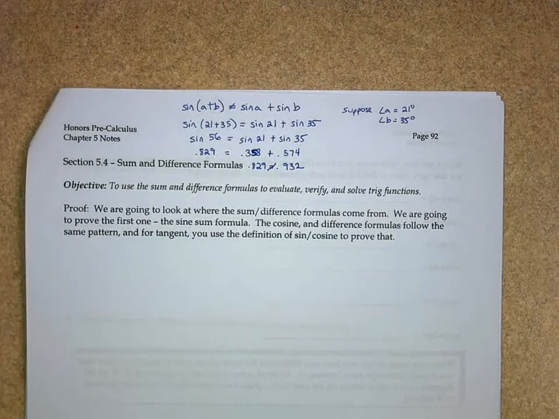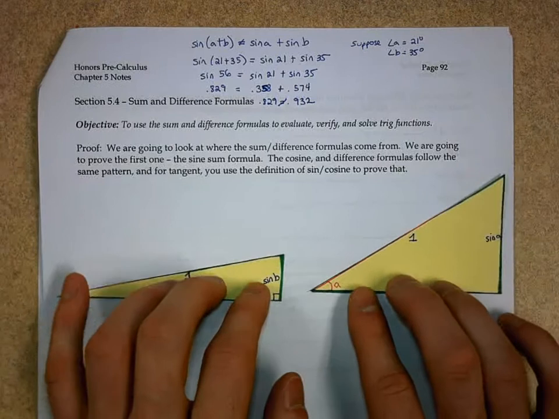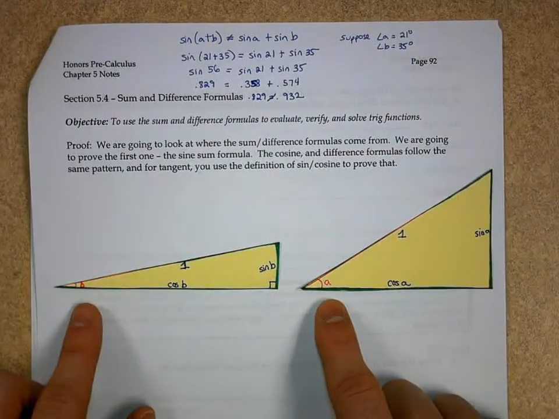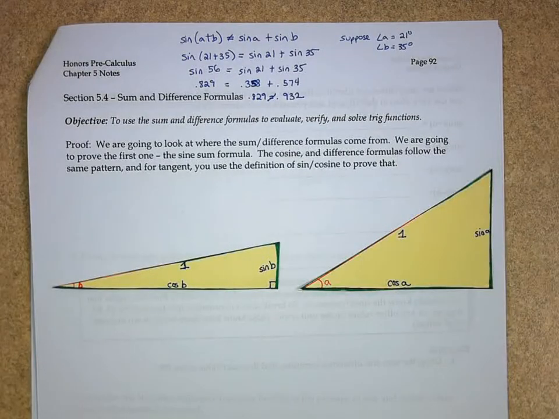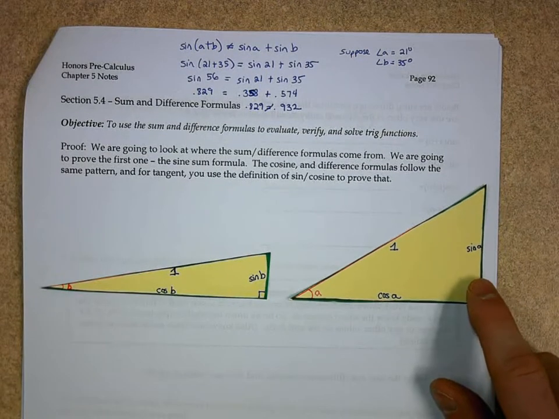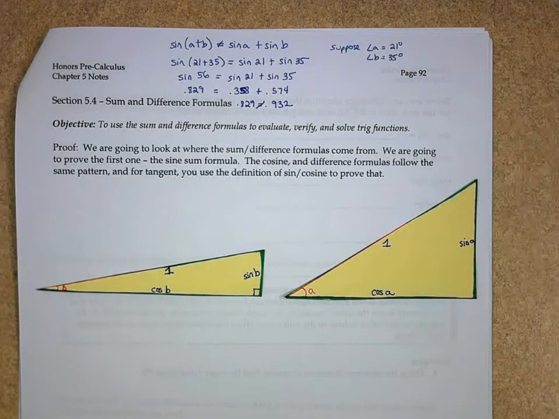But for those of you who are geometric learners, let's look at this from two triangles. I've got triangle A and triangle B right here. Angle A, angle B. And I want to find the sine of A plus B. Well, I know sine of A is the opposite side here, and I can say that because I've got a unit of 1.